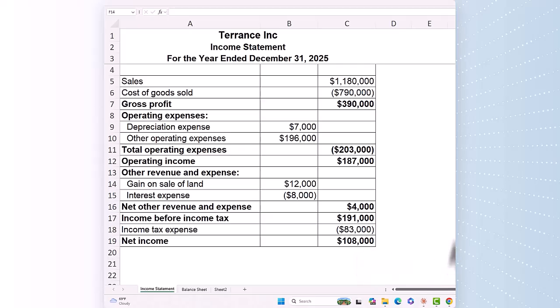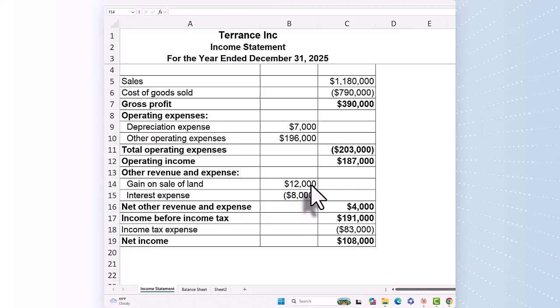So then we come down here to our operating income. So right now we've got our sales, our cost of goods sold subtracted from that, and our expenses subtracted from that to get to our operating income. But then we also have some other things on our income statement that impact our cash. So let's take a look at that. We have in other revenue and expense, we have a gain on the sale of land.